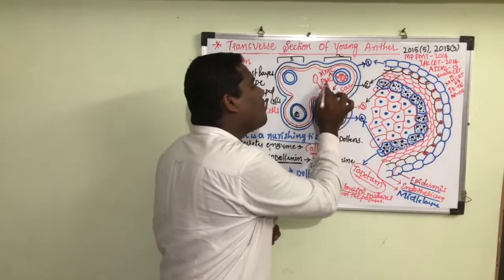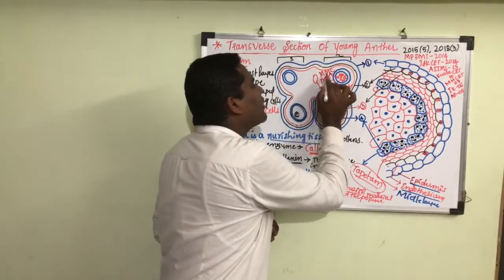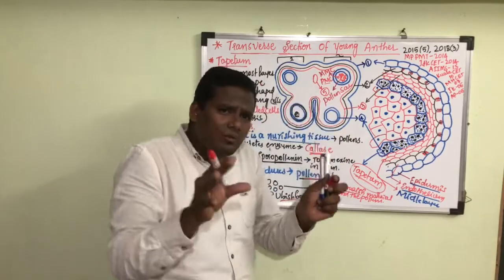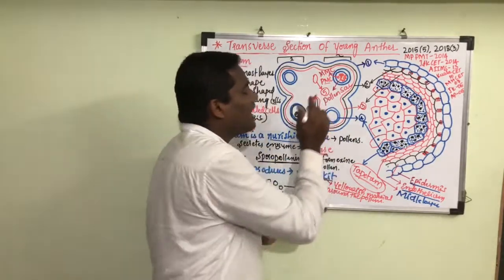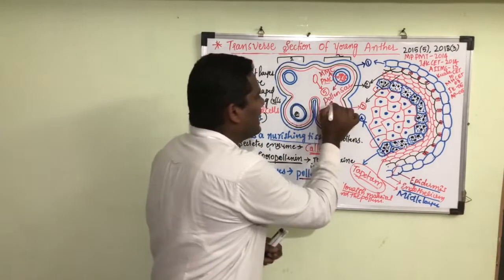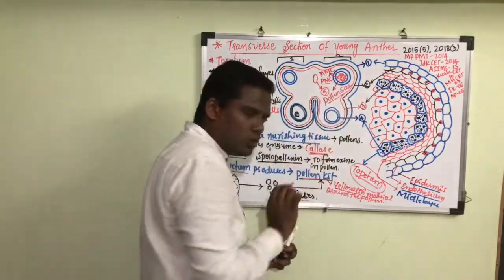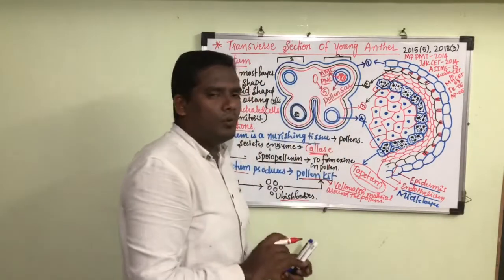Here we have a group of pollen mother cells, or simply a group of microspore mother cells. Collectively, these pollen mother cells or microspore mother cells are called a sporogenous tissue. Inside the pollen sac, there is a sporogenous tissue of microspore mother cells, or pollen mother cells.